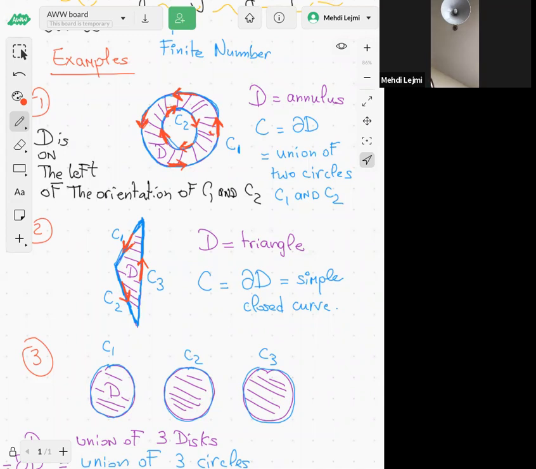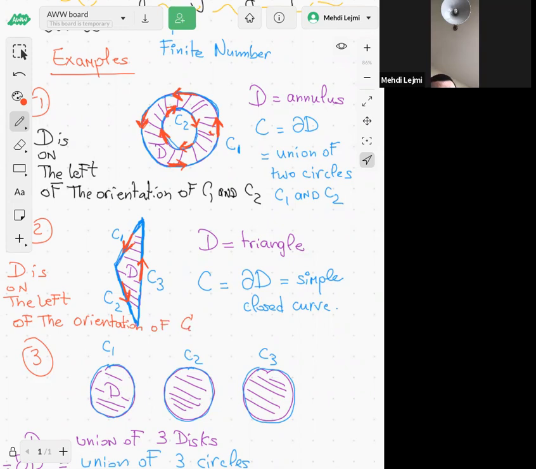So D here is on the left of the chosen orientation of C, the boundary.